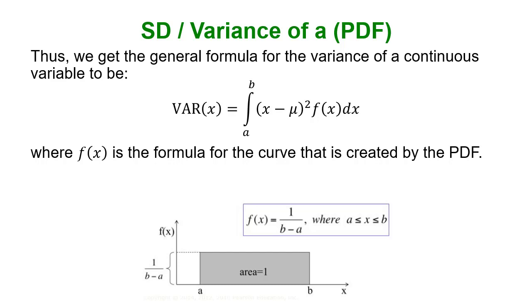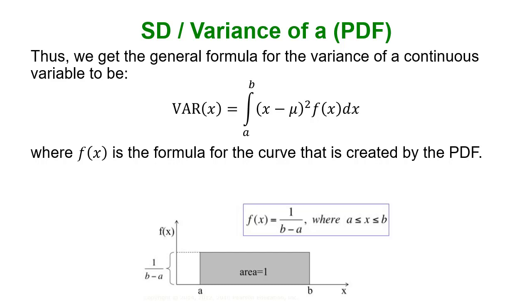Again, f of x is the formula for the curve that is created by the PDF, right? Because the curve designates the probability of each thing. If you have a bell curve, the stuff in the middle has a higher probability because it's got a higher peak to the curve. The things show up more often, and out in the tails, it's lower, because they're less likely to occur.